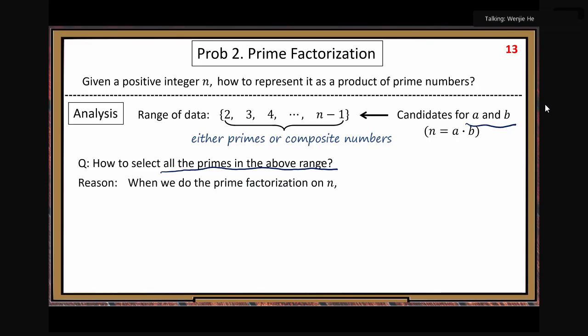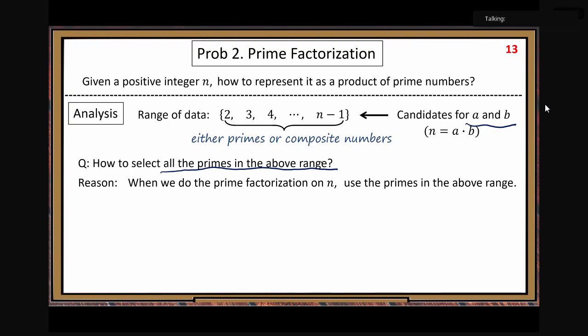The reason is that when we do prime factorization on n, we use the primes in the above range. Because our goal is prime factorization, if you know all the primes in that range, when you do the testing, you can use those primes.